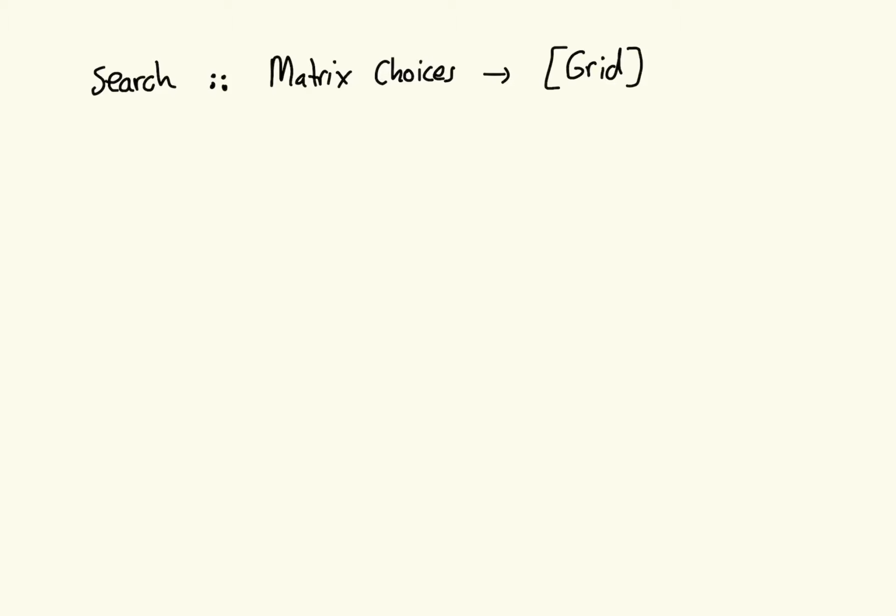Again, if you just want one, you simply take the head of that list. So we're going to define it by case analysis. We pass in a choice matrix M, and then we're going to have three possibilities. I'll use a simple guard here. The first one is if the choice matrix is blocked, that means it's never going to lead to a solution. So we may as well just stop at that point.